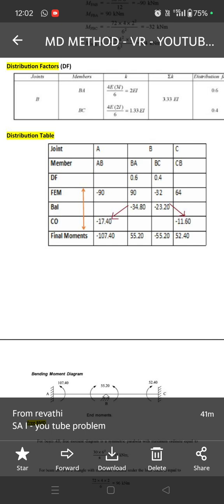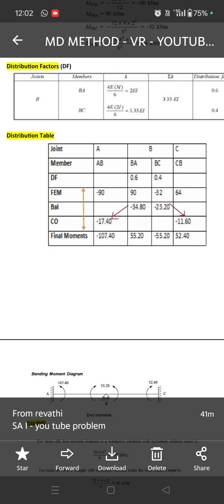In the next row we write the distribution factors for the intermediate joints, which were calculated in the previous steps, 0.6 and 0.4. Next, we write the fixed end moment for each member, which we calculated in the first step, that is minus 90, plus 90, minus 32 and 64.